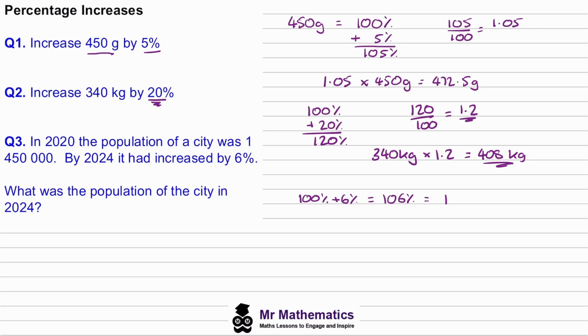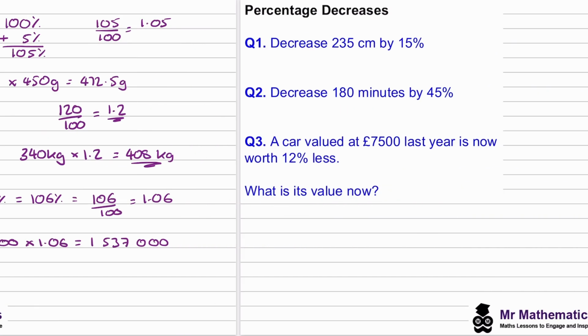As a multiplier, this is 106 divided by 100, 1.06. So we need to multiply the population by 1.06, and we get a new population of 1,537,000. Okay? In our next set of questions, we're going to look at percentage decreases.